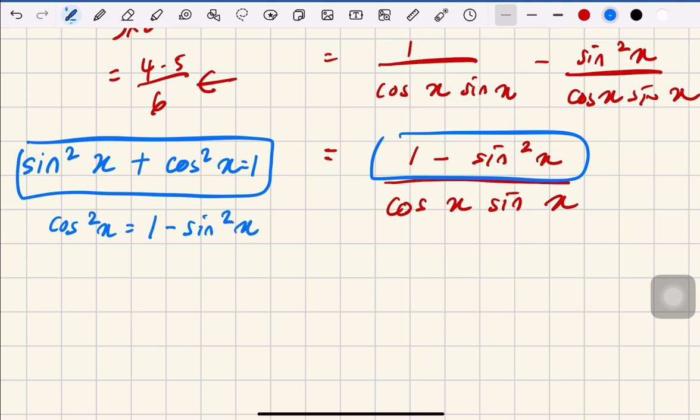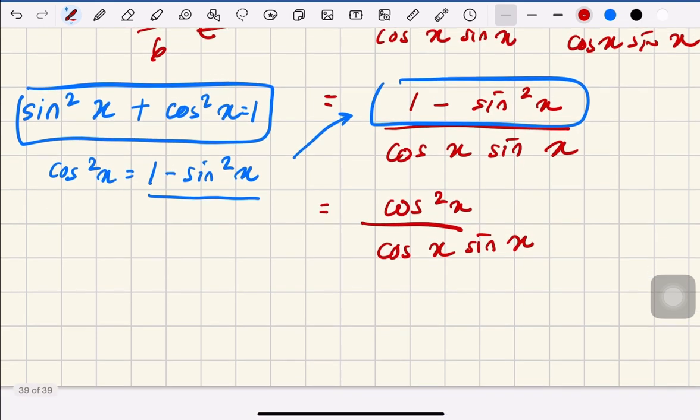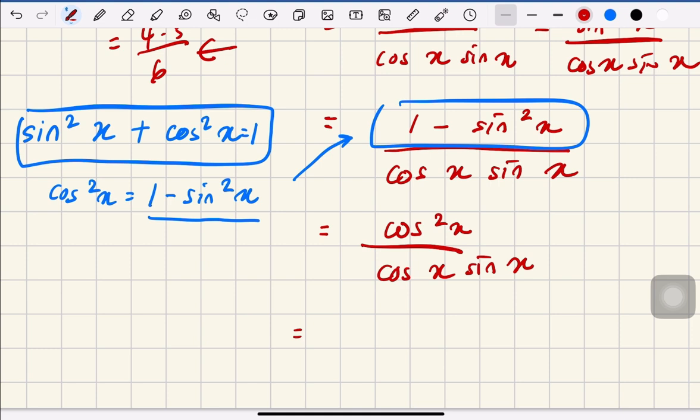Okay? Do you see this one? Same as this one, right? Alright. So now instead of writing 1 minus sin squared x, you will write cos squared x over cos x sin x. Now we can cancel because this one doesn't have a partner.